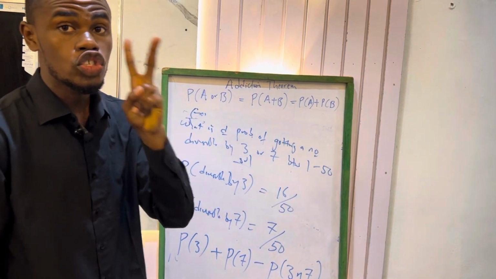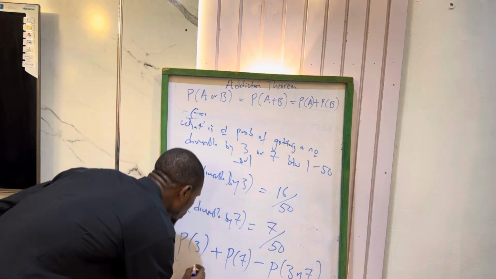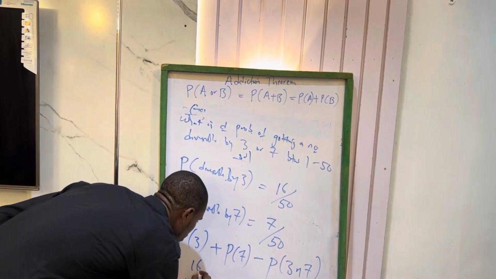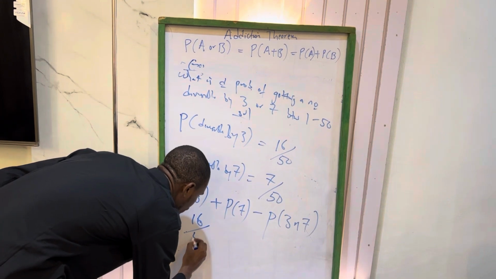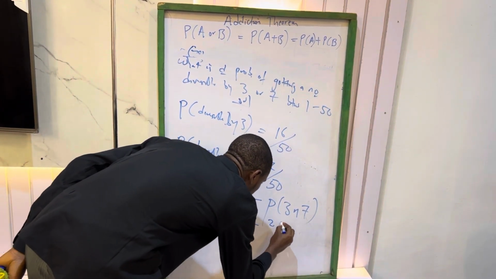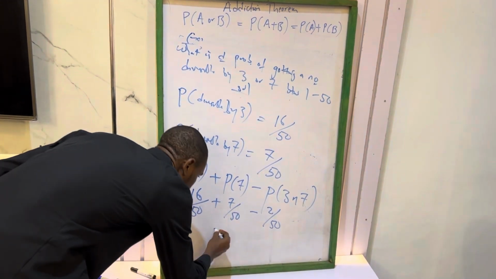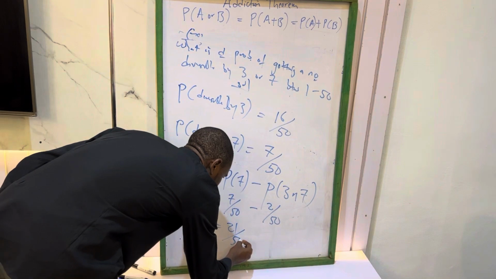We have just two numbers that fall into that ring, 21 and 42. So this will be 16 over 50 plus 7 over 50 minus 2 over 50. After solving, the answer is 21 over 50.